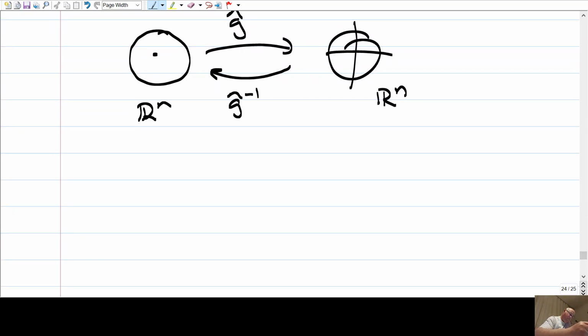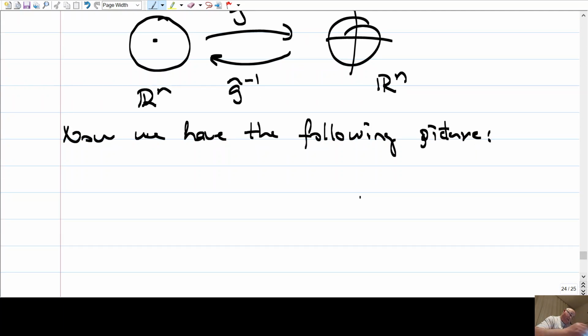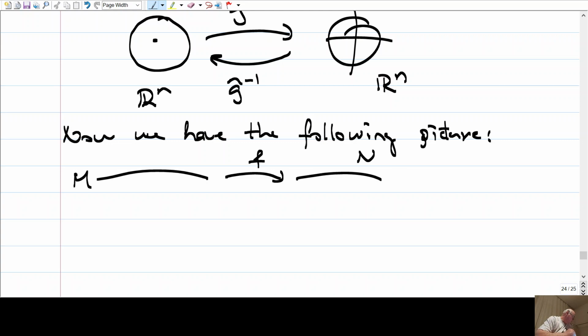Okay, now we have the following picture. I have the manifold M here, and then I have the function f, and I go up to the manifold n, and here I have the point p, and this is the point f of p.